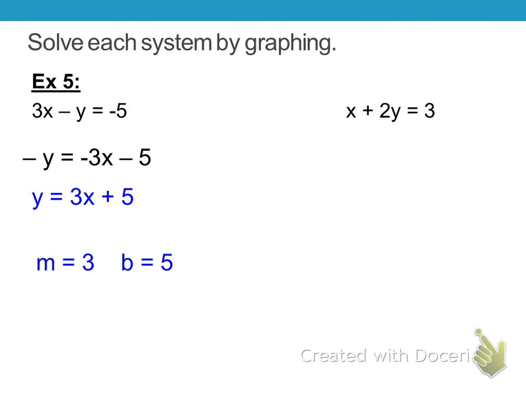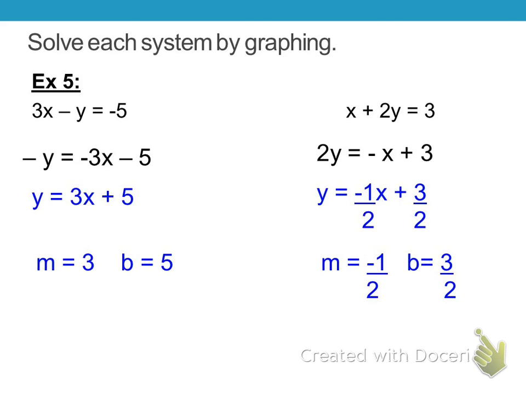What do I do? Subtract the x. Good. Divide everything by 2. So my slope is -1/2. Ooh, that's going to be tricky. My b is 3/2. We can handle it.